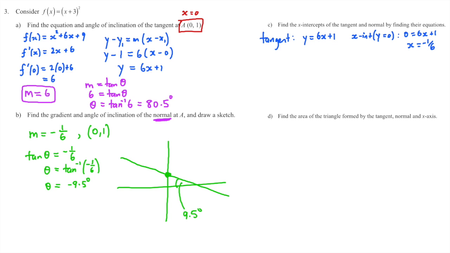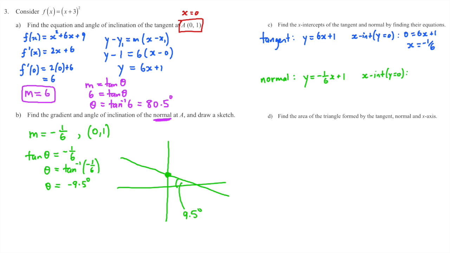If I talk about the normal, I actually do know its equation as well. It's y equals minus 1 on 6 x plus 1, because it went through 0, 1, and that's the y-intercept. The x-intercept is found when y equals 0.